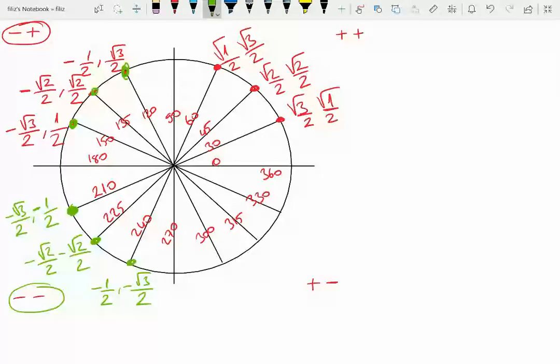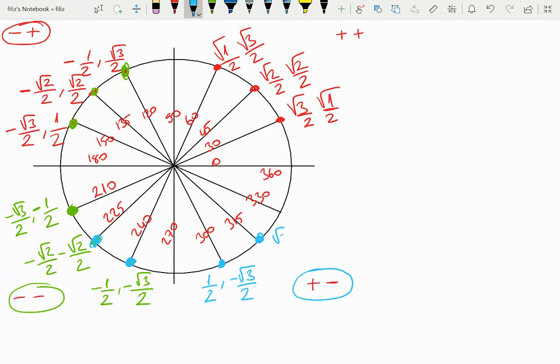I think you got the logic, right? So here, this one and this one same, but this time first one is positive. So 1 over 2, square root of 3 over 2. And this one is same.